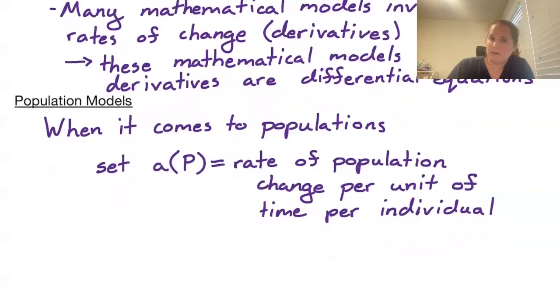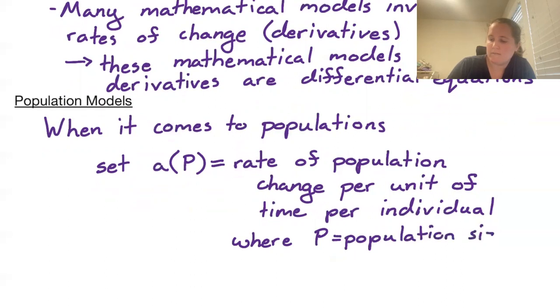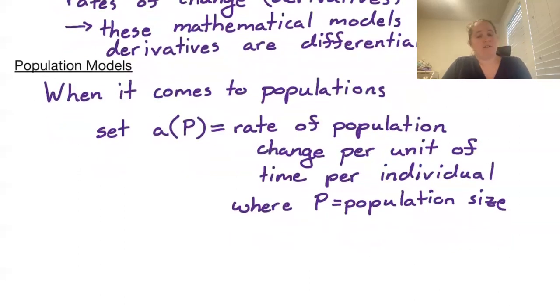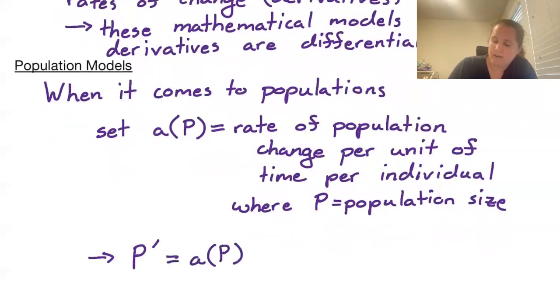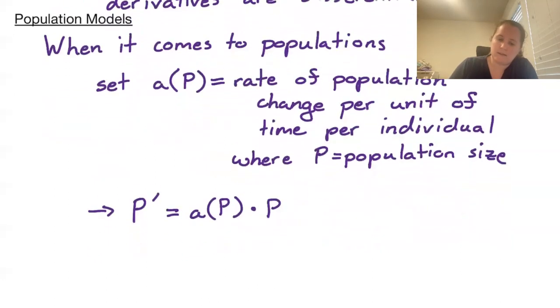And so here, where P is the population size, since this is the rate of change, population change per individual, then the overall change in population, P prime, should be this A of P times the number of individuals, or times the population size.